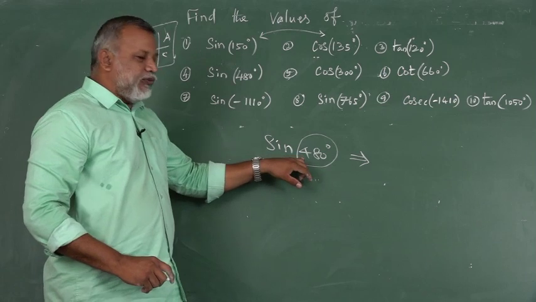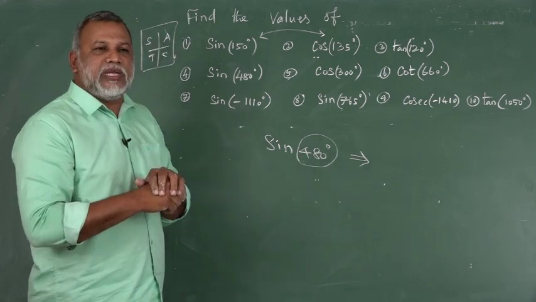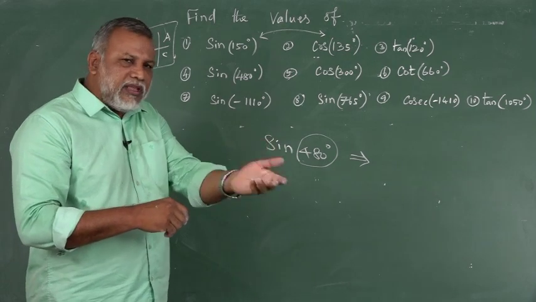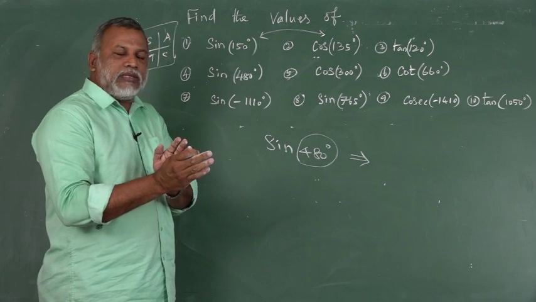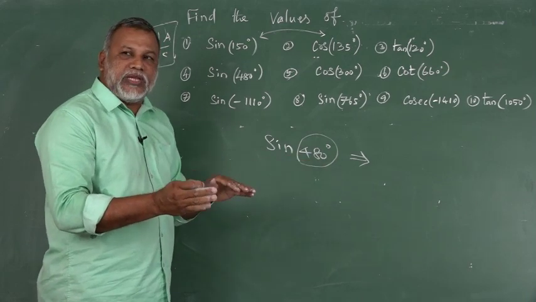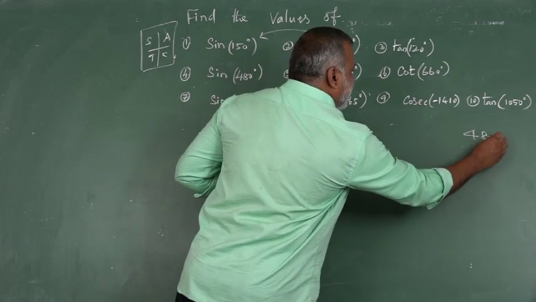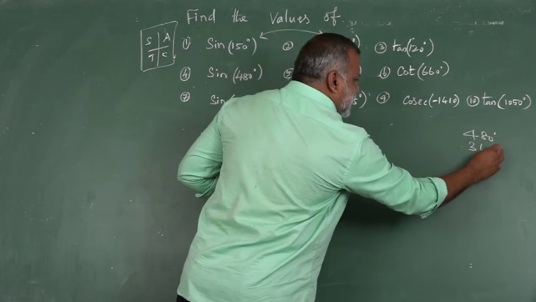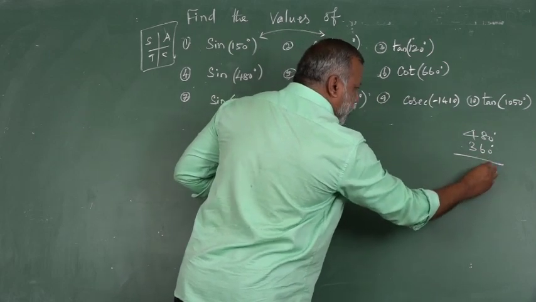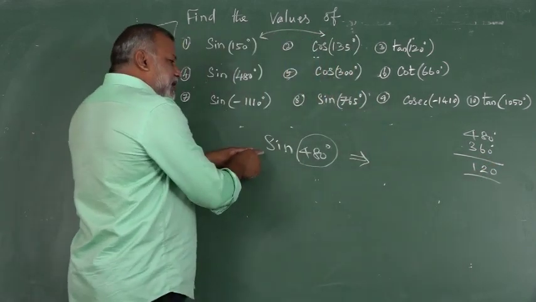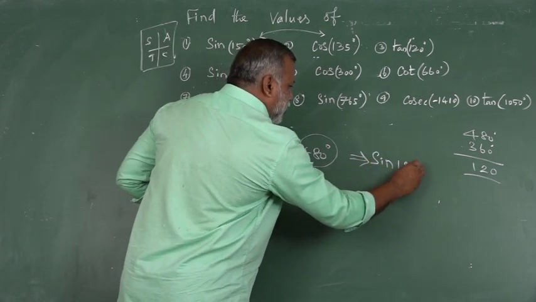We already explained that if any angle has more than one complete rotation, remove the rotations. One complete rotation is 360 degree. Remove that, and we get 120 degree. So instead of 480, we can say sine 120.